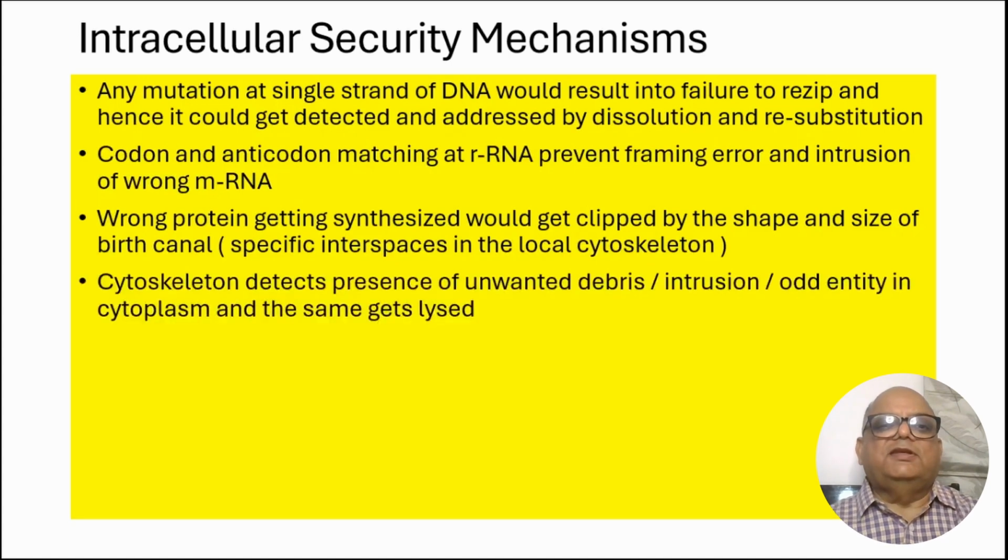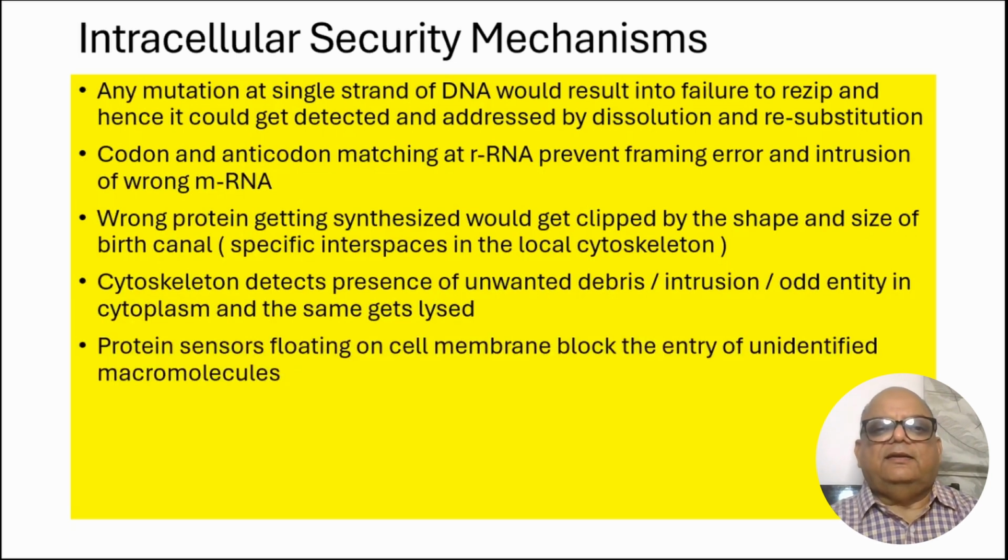Fourth, the cytoskeleton will detect the presence of unwanted debris, intrusion, or odd entity in the cytoplasm, and the same will get promptly lysed. And protein sensors floating on the cell membrane will block entry of any unidentified macromolecule into the cell.